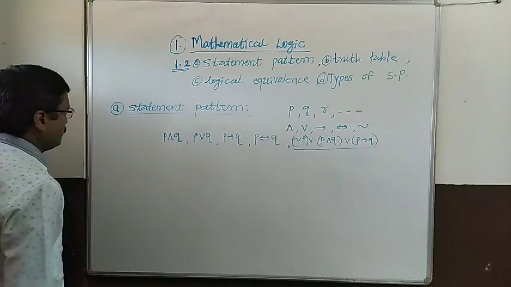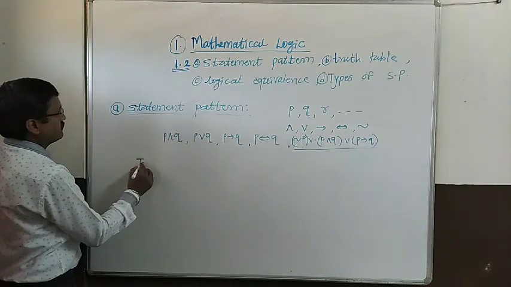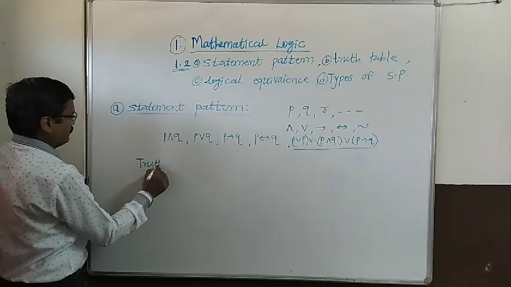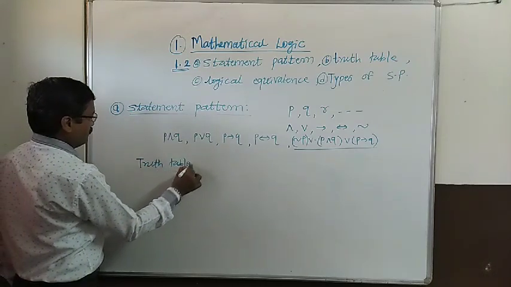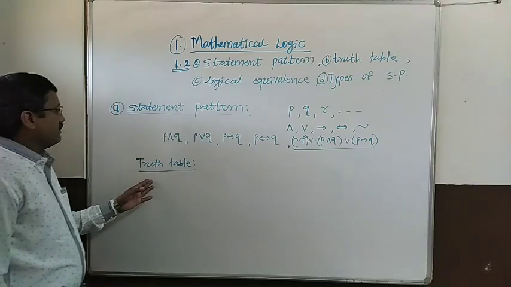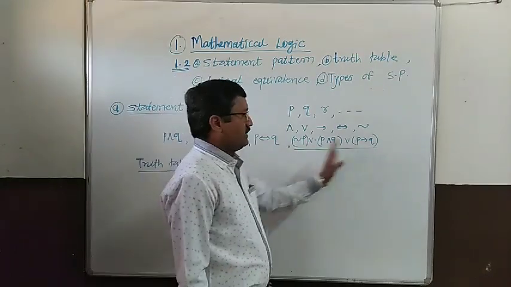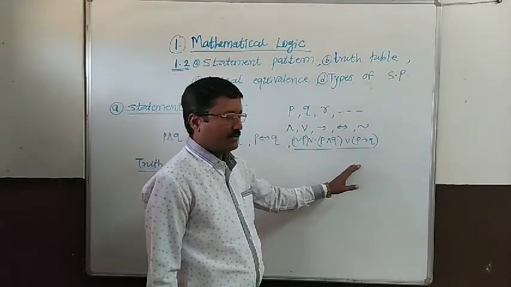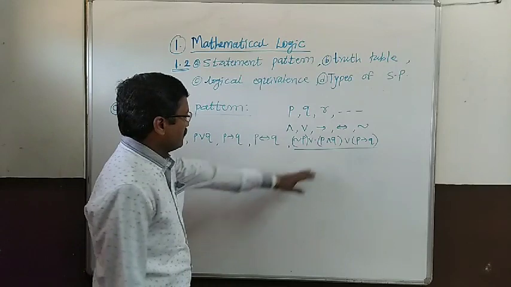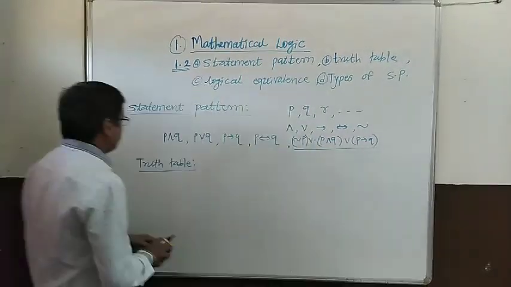Let us see the truth table of this statement pattern. Obviously, truth table gives the possible truth values of this statement pattern, and we can find the truth table of this statement pattern using our previous results.